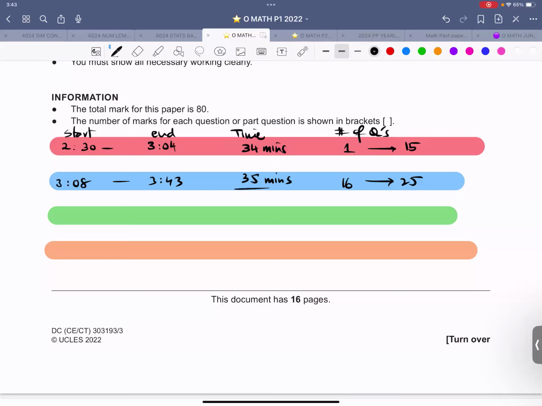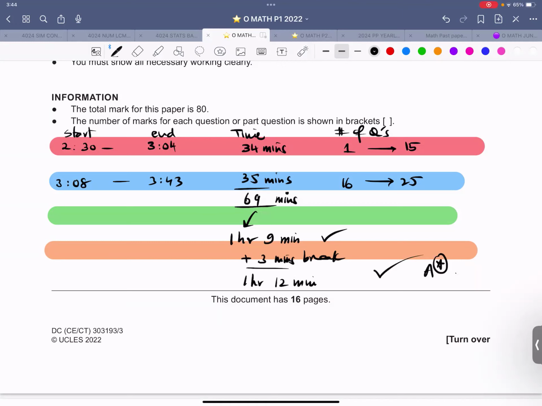So basically we did the whole paper in a time period of 69 minutes. That's 1 hour, 9 minutes in doing the whole paper very casually, the break time is not included. If I include like 3 minutes break, that would be 1 hour and 12 minutes, which is a very good thing in order to get your A star. That completes the paper.